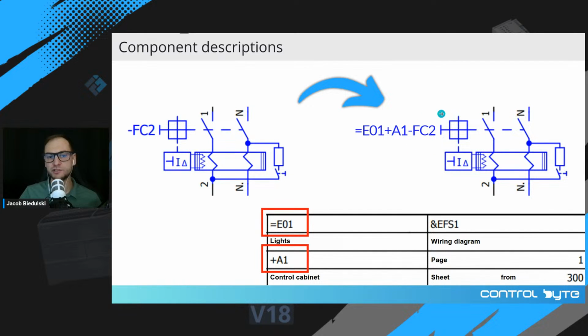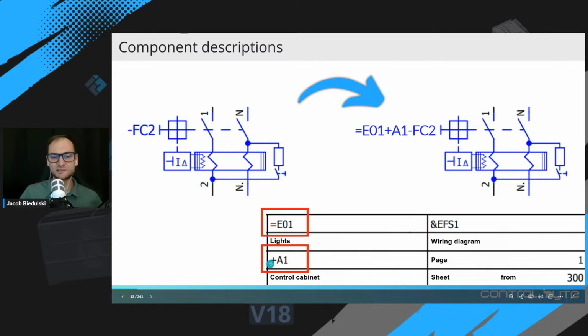This is designation of this device plus A1 equal sign E01. Okay. And what is the first part of this name? The first part is function, equal sign E01, plus A1 is location.